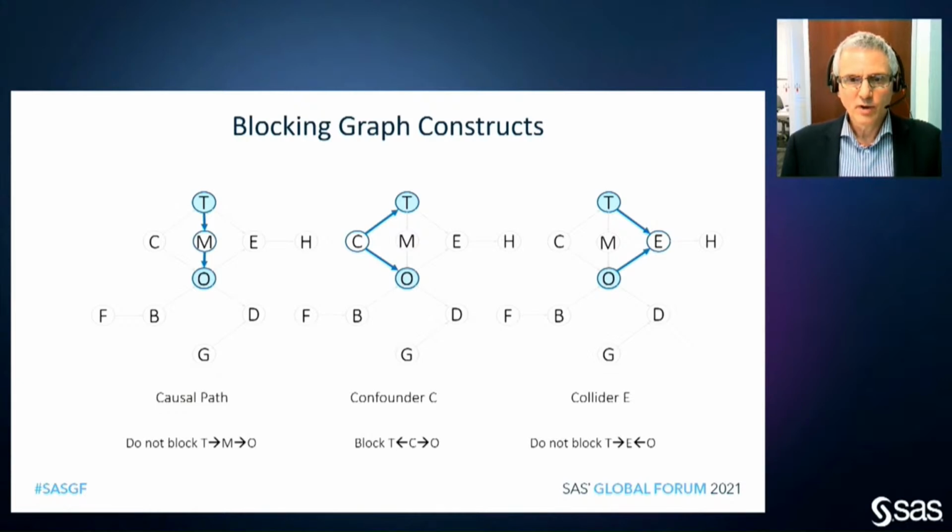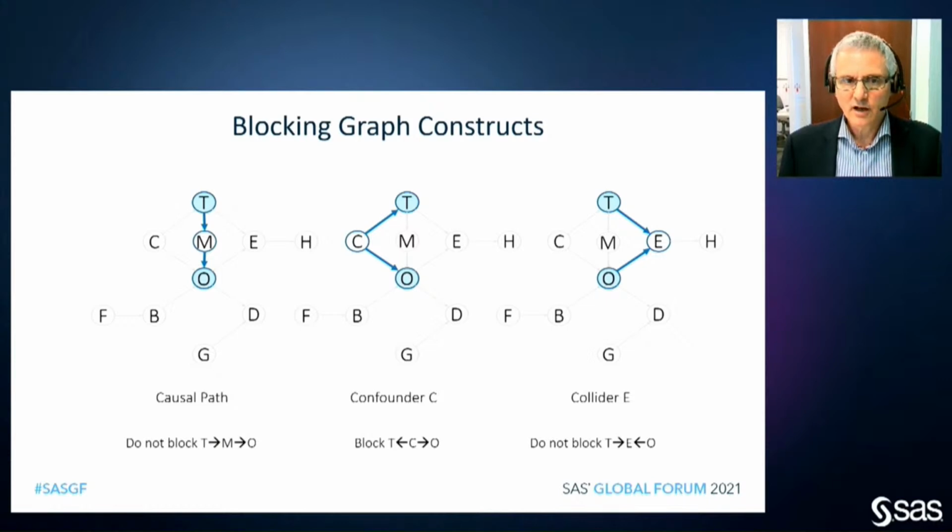We do not want to block the TEO path, the collider path, because right now there is no association between T and O in this path. If we do block this path, then we will create a confounding association and introduce what's called endogenous selection bias.